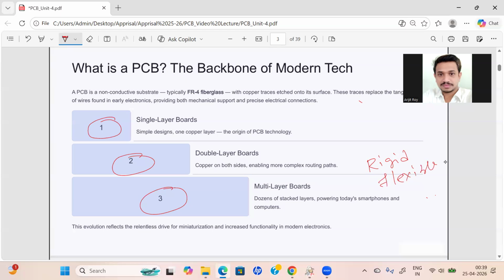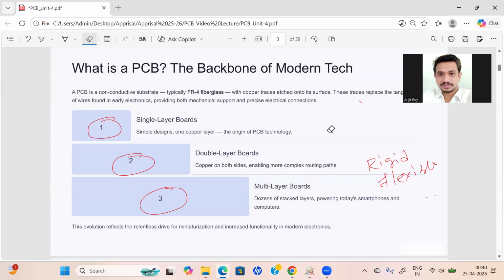Okay, so first of all, I'm going to discuss the single layer boards. The single layer board means simple design, one copper layer, and you can tell it is the origin of PCB technology.